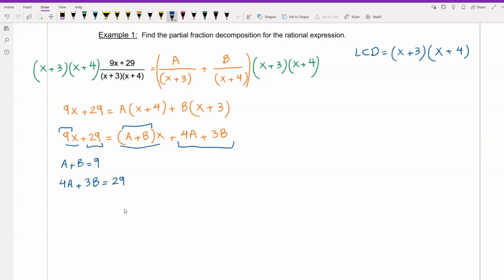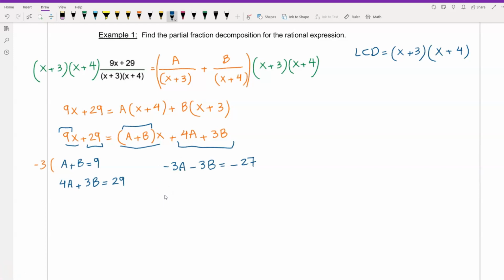Now we have this system we can solve. Multiply the first equation by negative 3, so I can eliminate B. I'm rewriting that part: negative 3A minus 3B equals negative 27.